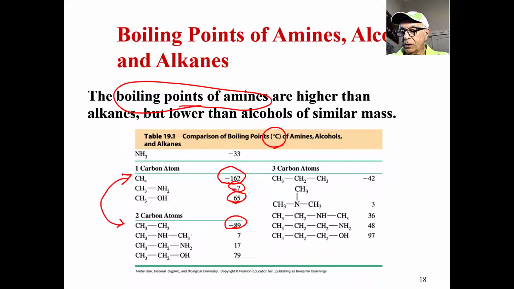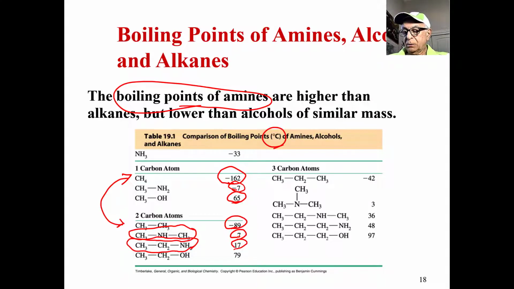What if I compare this amine which contains two carbons? Because it has NH, it can make hydrogen bonding. Look, the boiling point is much higher. And if I compare this other similar molecular weight amine, which has got two carbons, the boiling point is higher.